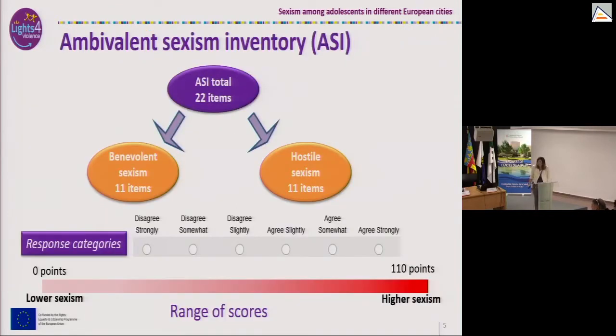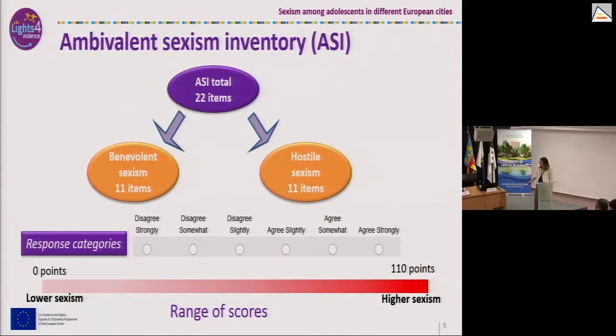The scale used in this study was the ambivalent sexism inventory. The scale has 22 items and 2 subscales, benevolent and hostile, both with 11 items. The 6 response categories go from strongly disagree to strongly agree.